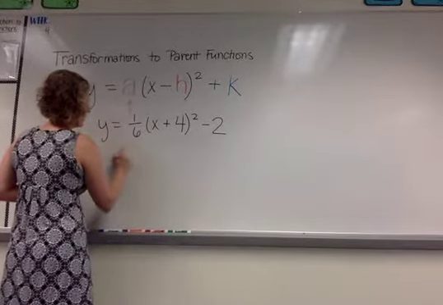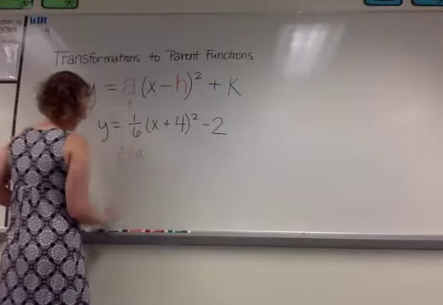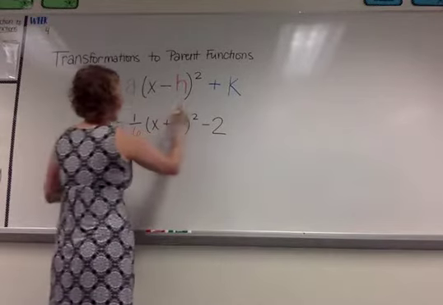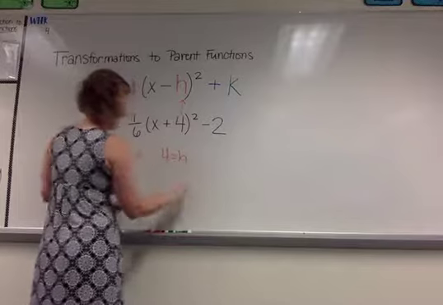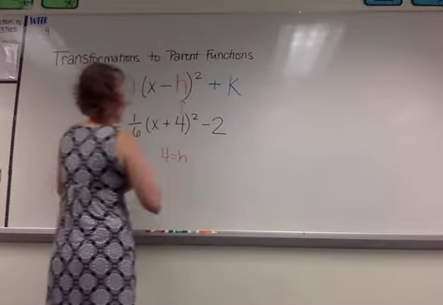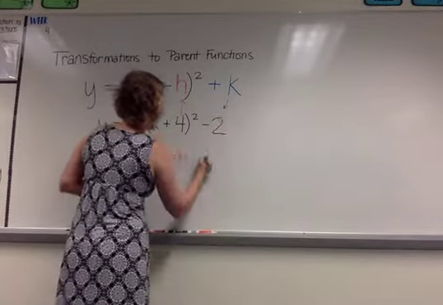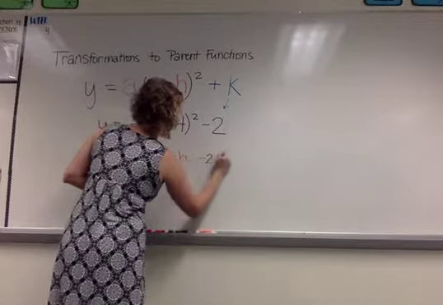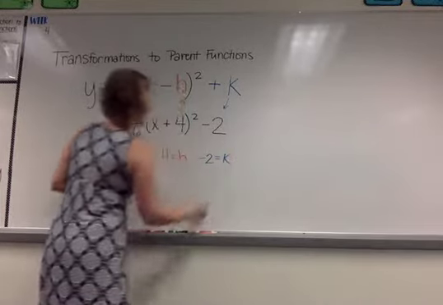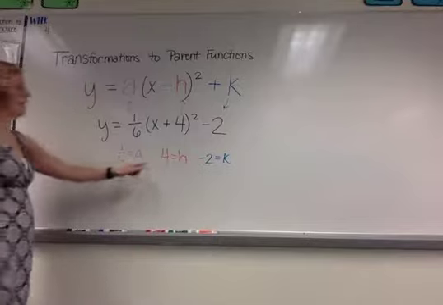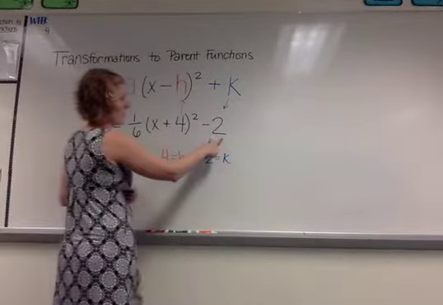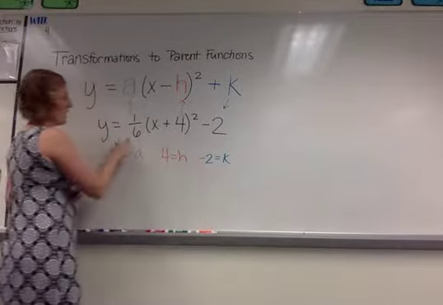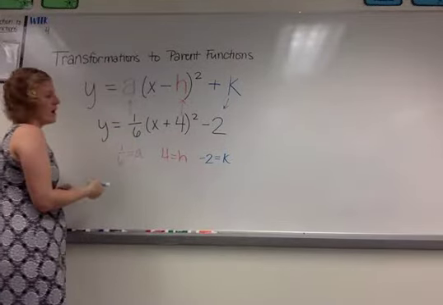So 1/6 is your a value. 4 is your h. And k is -2. So again, a, h, k, the h is always inside of the parentheses, the k is always at the end, and the a value is whatever's in front.